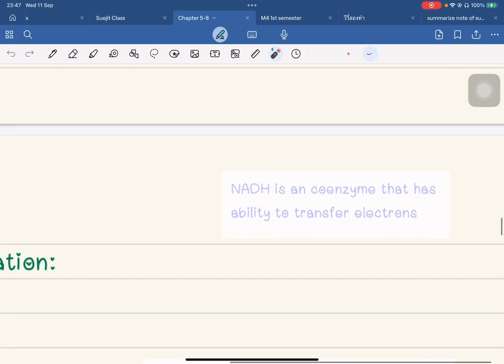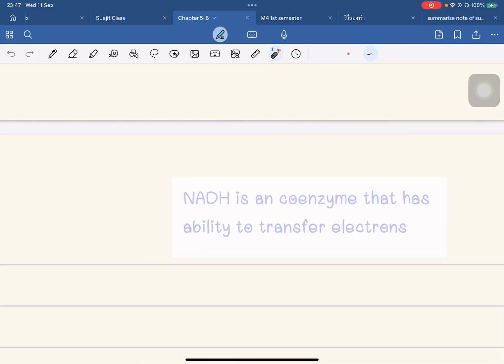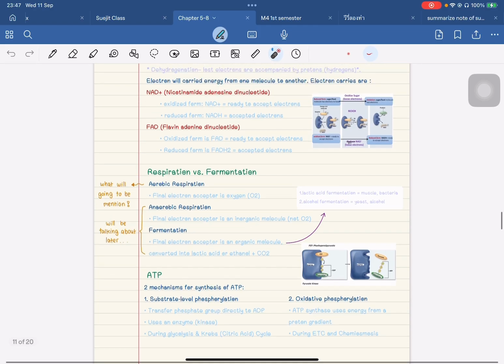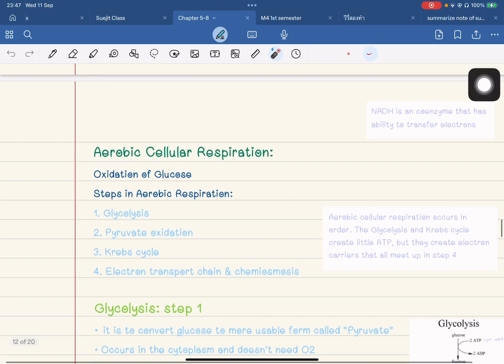A little note for more information: NADH is the coenzyme that has the ability to transfer electrons, like I have said. Aerobic cellular respiration is the oxidation of glucose.